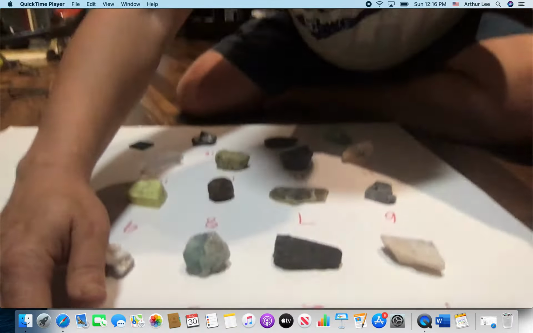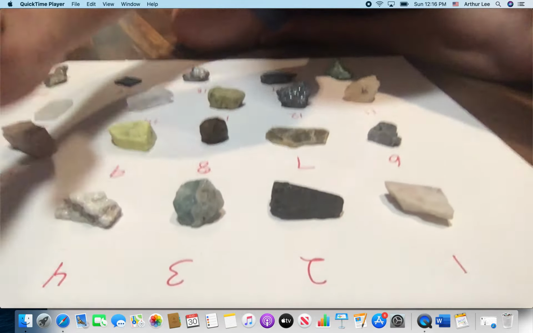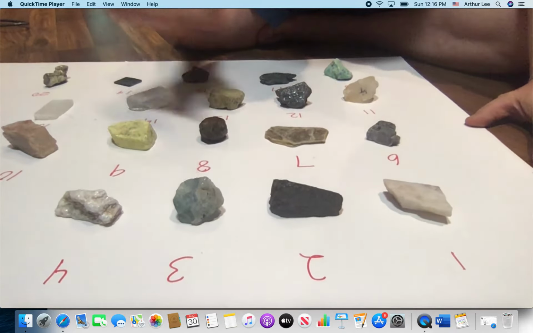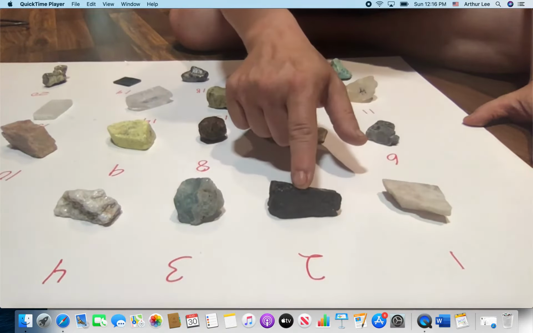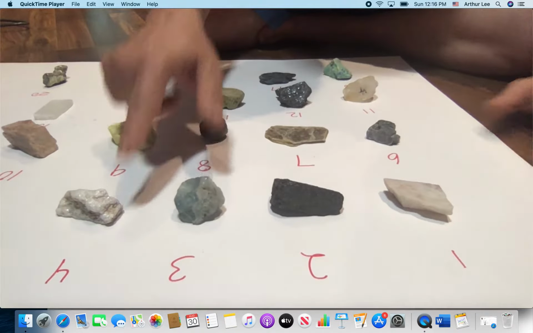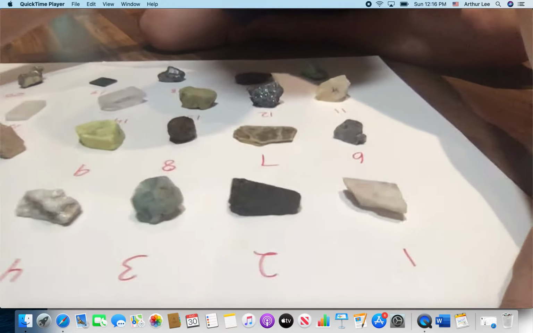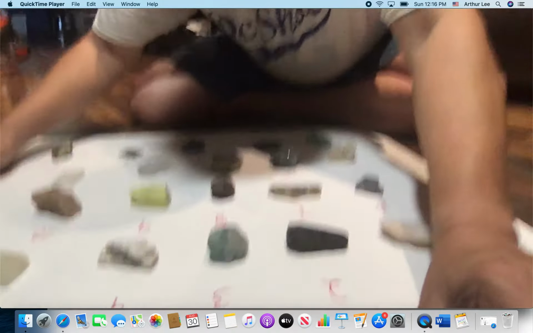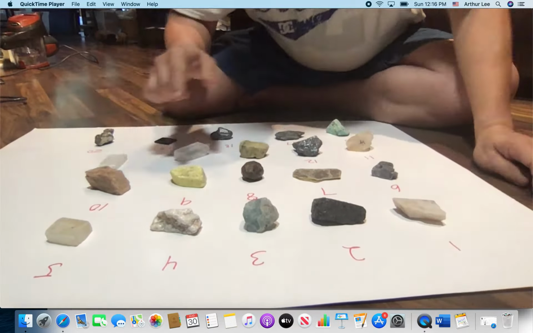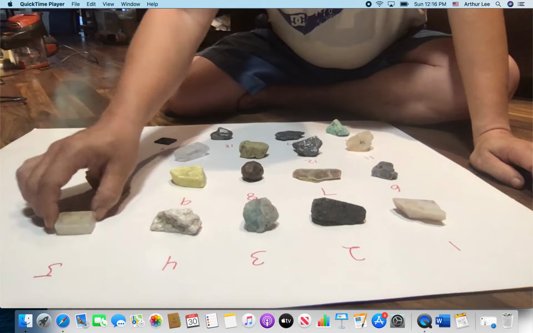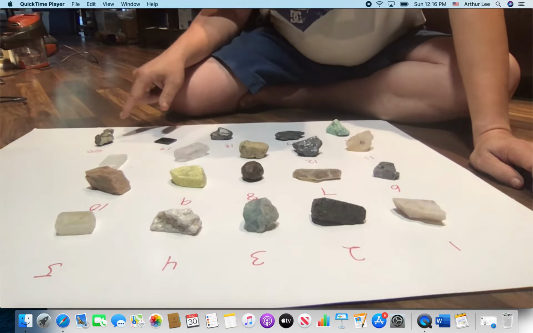Let's take a look here. I'm going to rotate this camera down, and you can see the 20 different minerals. This is mineral number 1, 2, 3, 4, and there's number 5 right here, 6, all the way to 20.